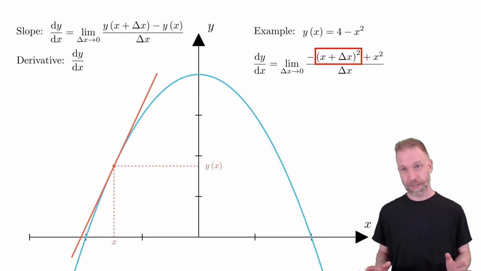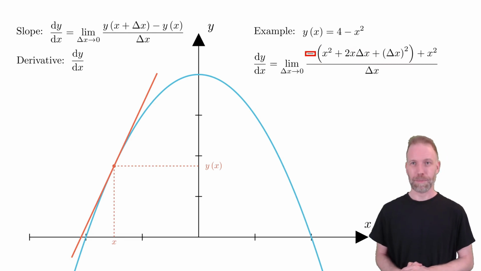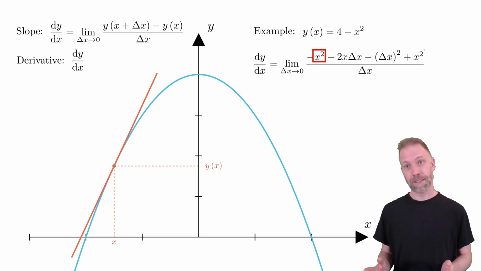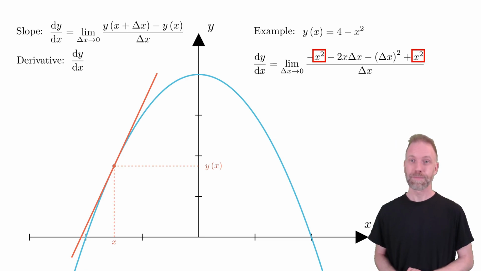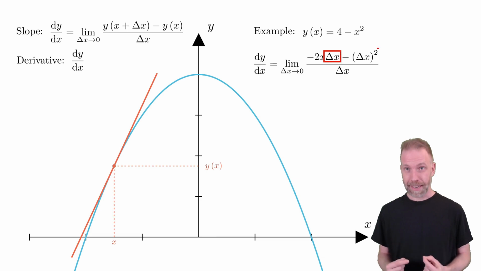Expand the parentheses. And write the minus sign inside the parentheses. The x squared term will cancel. We can divide by delta x.